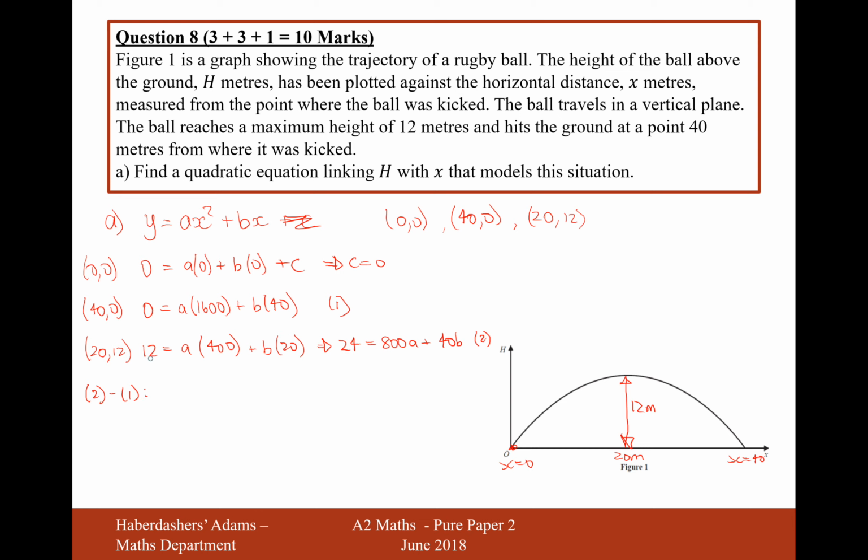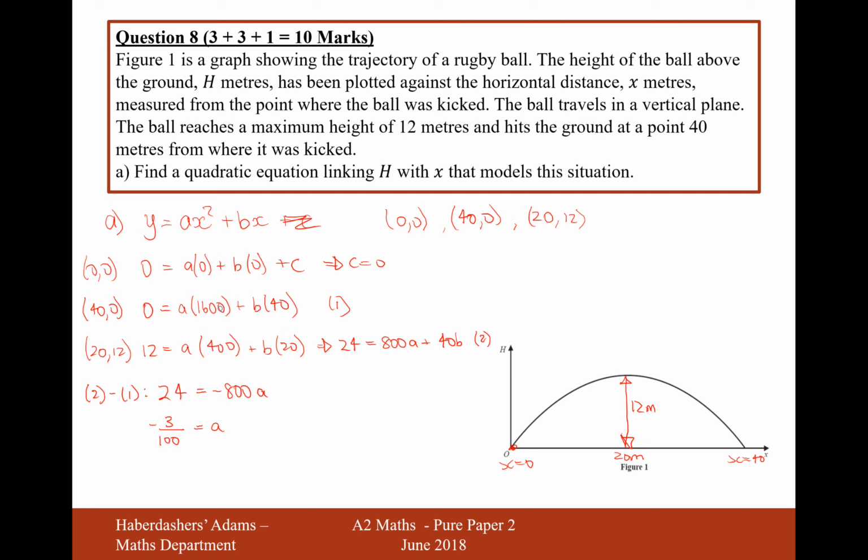So it's going to be 24 take away 0, that's 24, equals 800a minus 1600a, so that's minus 800a. Now all we need to do is divide by minus 800, so 24 divided by minus 800 gives us minus 3 over 100 as our value for a.